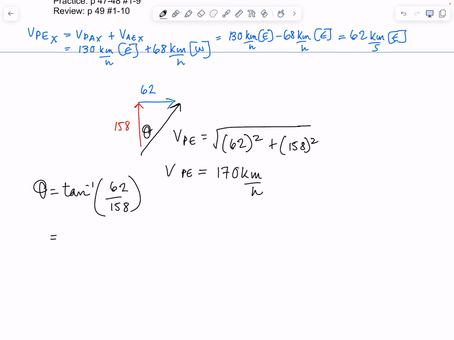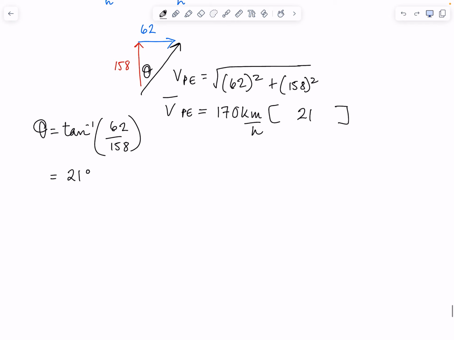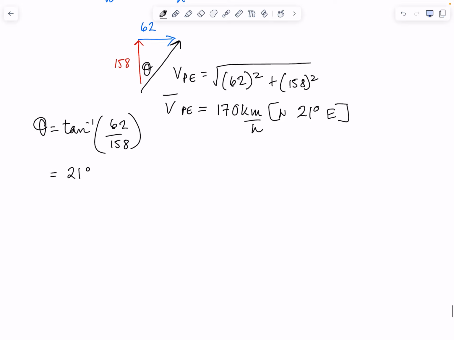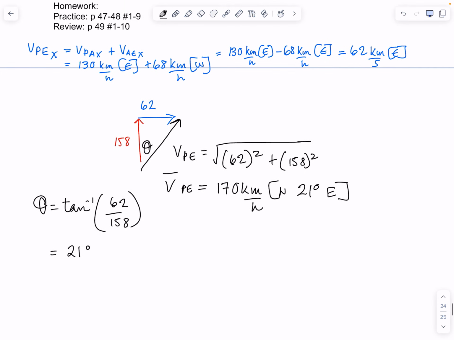So the angle is 21 degrees. I can now write the complete vector, the velocity of the plane relative to the Earth, is 170 kilometers per hour, 21 degrees east of north. Try the homework questions provided.